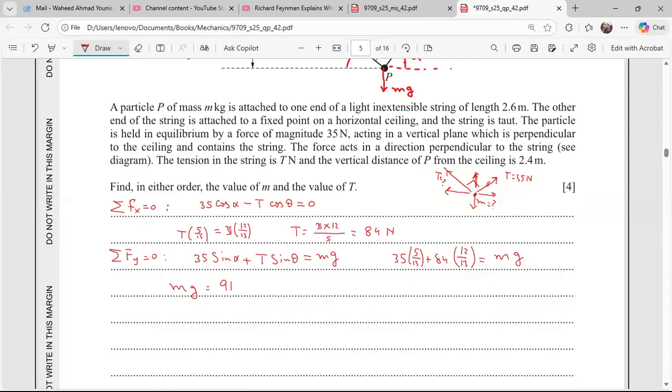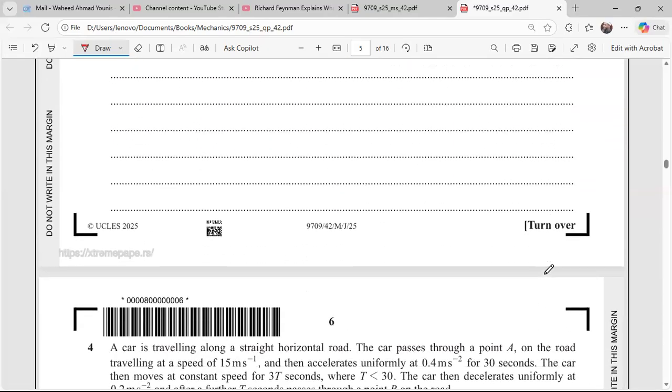So from here, M is 91 over G. We take G as 10, so this is going to be 91 over 10, or 9.1. Okay, 9.1 kilogram. So this was not a difficult question, I believe.